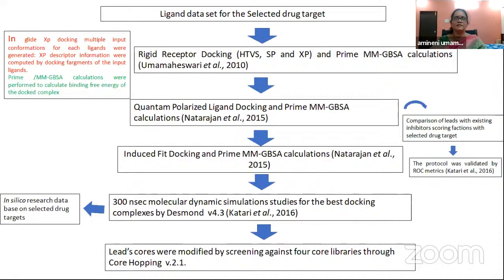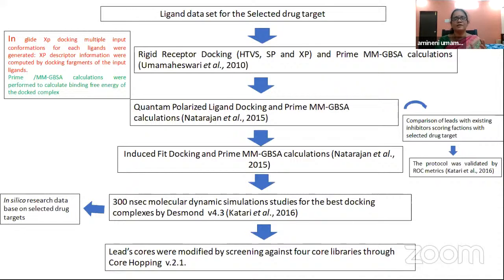Once we have this, we go for quantum polarized ligand docking. Generally, we calculate scores based on molecular mechanics. Calculating in quantum mechanics requires a lot of computational speed.